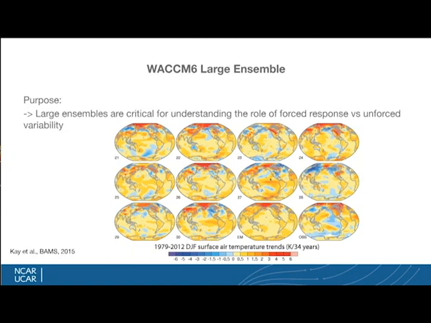So it's really trying to understand the variability in those linear patterns of trends and put them into the context of what is accessible for our understanding as a forced response versus just internal variability.